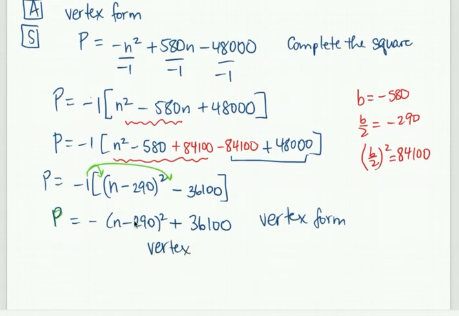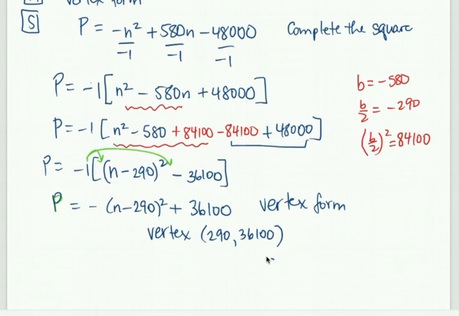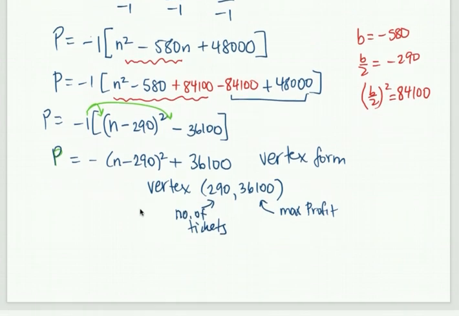So the vertex here is positive 290 and 36,100. So again, what are these? This is the max profit, and this here is the number of tickets in order to get to the max.